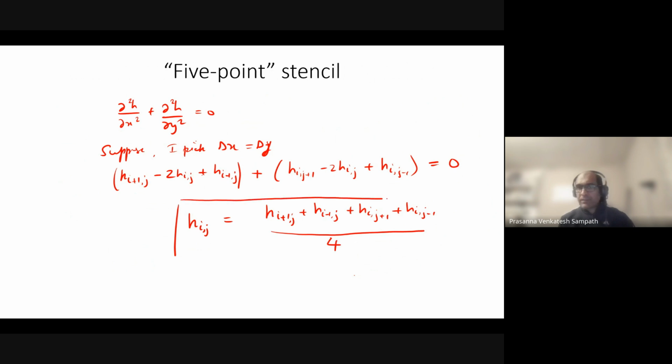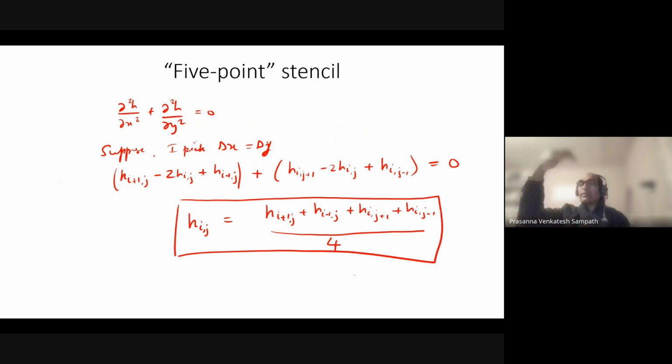Now this is a very powerful equation and it can help us solve a lot of problems. Look at this. What is this equation telling us? That my head at any cell i comma j is simply the average of the value of head in the 4 surrounding neighbors: i plus 1 comma j, i minus 1 comma j, i comma j plus 1 and i comma j minus 1. I have 4 neighbors, right?